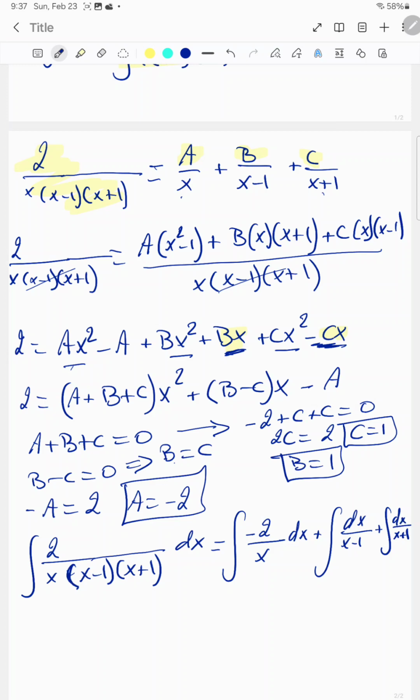Okay? So that integral, the minus 2 would go outside the integral.